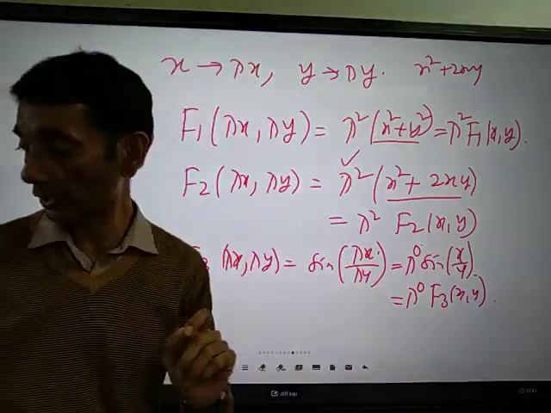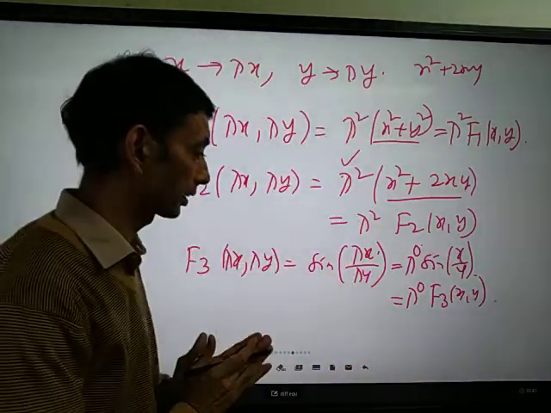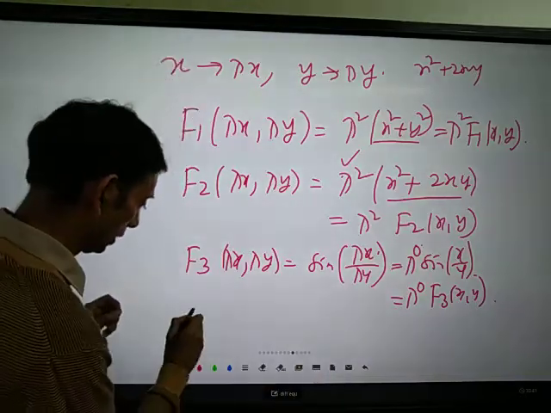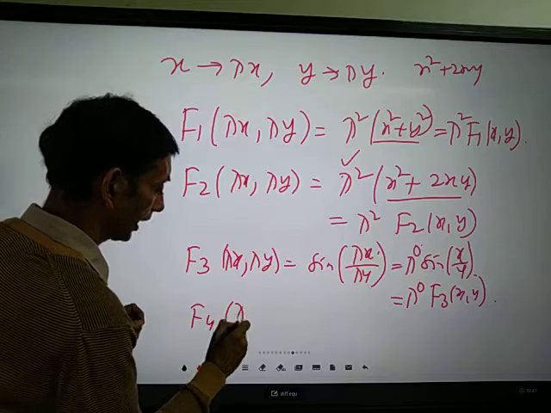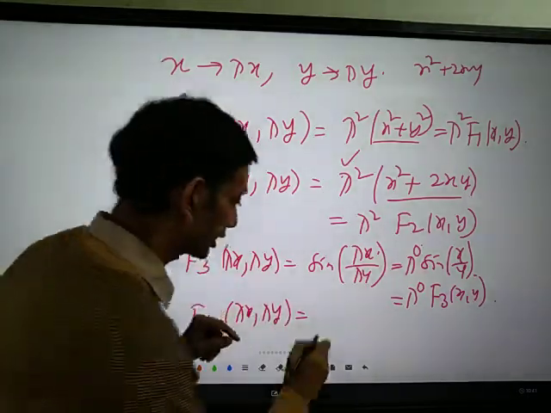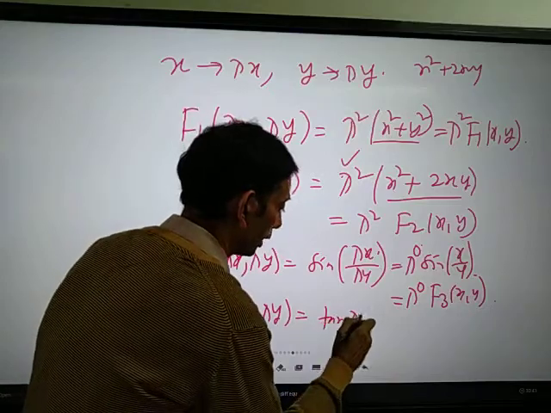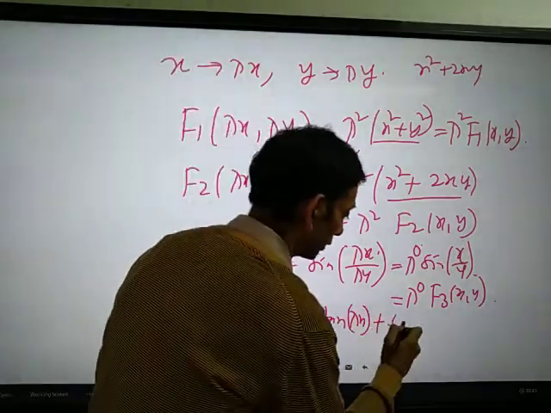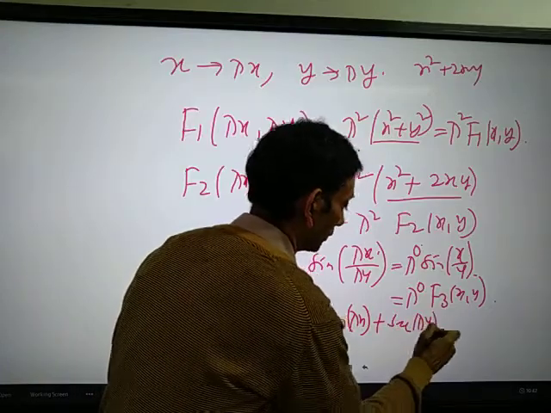Now most interesting is the fourth function, that is tan x and sec y. f4 lambda x, lambda y. We'll just replace tan x with tan lambda x, then sec y with sec lambda y.